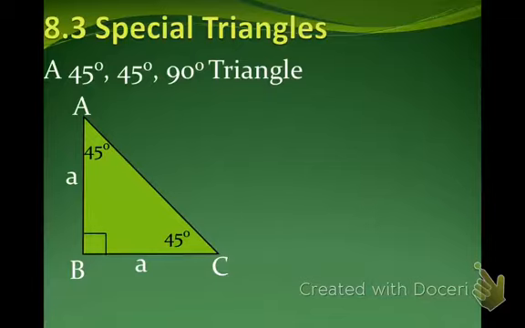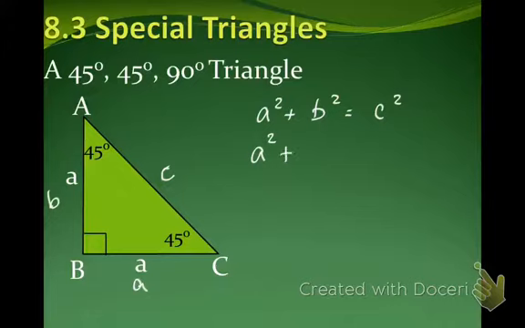Again, we're going to use that Pythagorean theorem. So a squared plus b squared equals c squared. This is going to be side C. This will be A, this will be B. So I've got a squared plus a squared equals c squared.